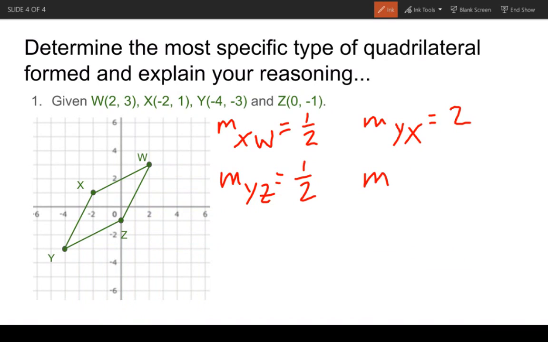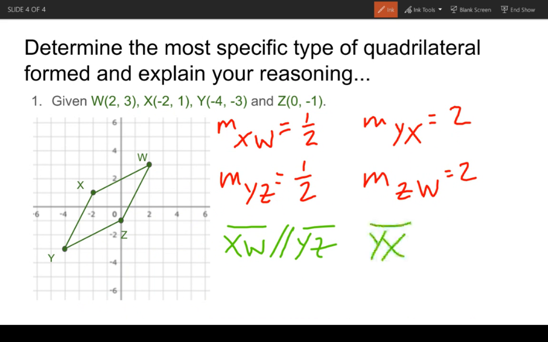And then the slope of ZW is also 2 when it is simplified. So from that information, we know that segment XW is parallel to segment YZ, and segment YX is also parallel to segment ZW. Now this should make sense since earlier I was telling you we are going to be dealing specifically with parallelograms.